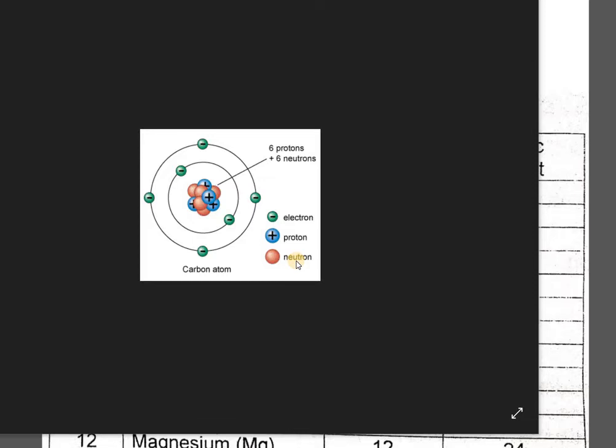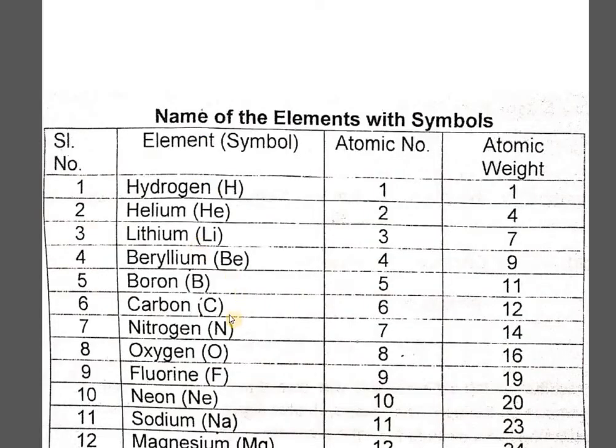So neutrons have no charge, or we may also say that they are neutral in nature. Students, now coming back to carbon once again with its atomic number and its atomic weight: you can see the atomic number of carbon is 6, whereas its atomic weight is 12.